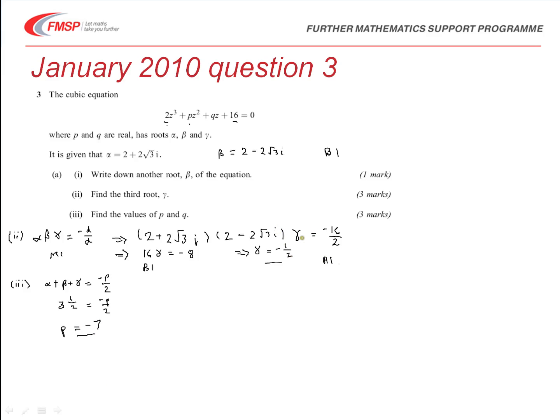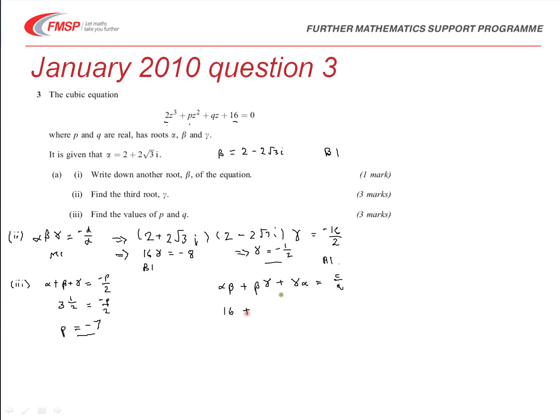Similarly, to get the value of q, what have I got to do? I've got to do the pairwise products, so alpha beta plus beta gamma plus gamma alpha must equal c over a. Alpha beta we know was equal to 16 from what we worked out earlier, because it was 2 plus 2 root 3i times 2 minus 2 root 3i.